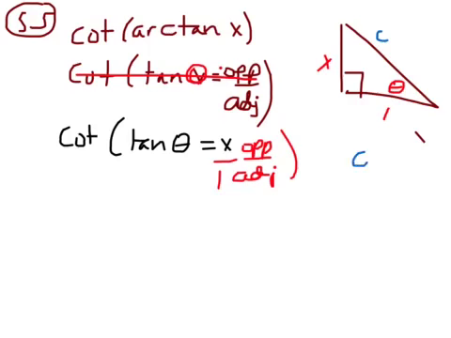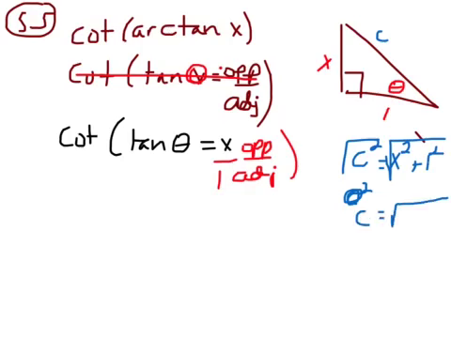The hypotenuse squared is equal to the two legs squared added together. So it's going to be x squared plus 1 squared is c squared. So I can't combine those terms. I can't write that any differently. I could square root both sides. So c is the square root of x squared plus 1 squared. Well, 1 squared is just 1, isn't it? So I could write this here.